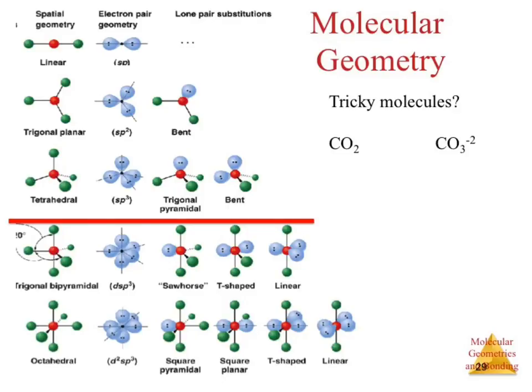If we take a look at the trigonal planar situation, if one of those groups is no longer an atom, no longer a bond, now when I look at the atoms, they aren't in a straight line anymore, they are bent. If I move to the tetrahedral shape, we already talked about this. For our ammonia, it's trigonal pyramidal.